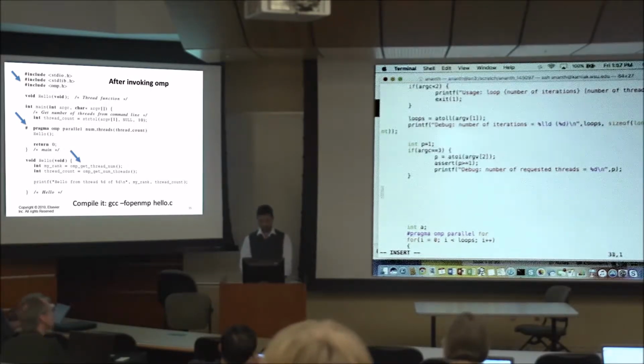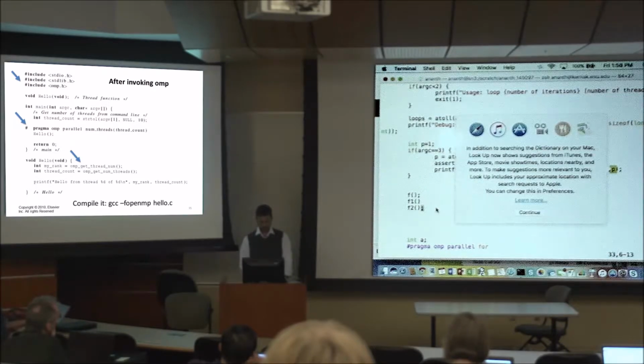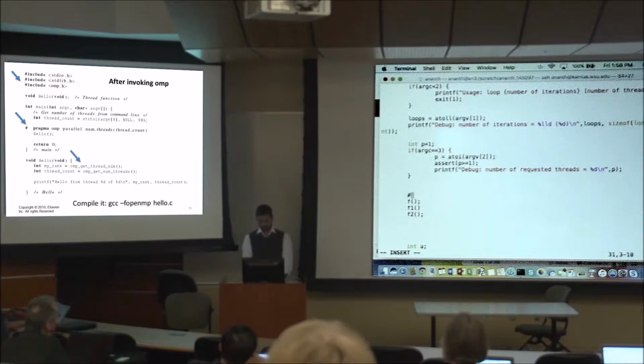Now let's say there is this hello function or some function f. Maybe there are multiple functions, maybe there is f1, maybe there is f2, multiple lines of code. Now if I want to parallelize this piece of code, these need not be any for loop, right? These are function calls, arbitrary lines of functions that you have written. Then I basically want to highlight this region and say this would be a parallel region.